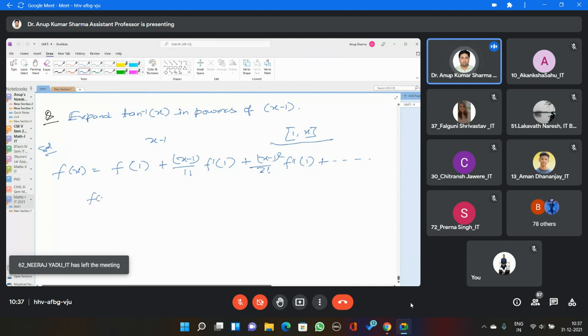In this case, f(x) is equal to tan inverse x.